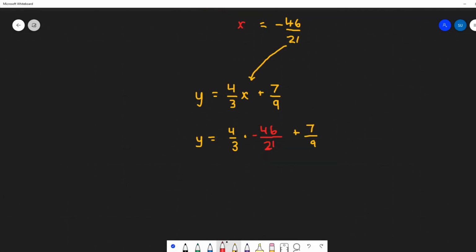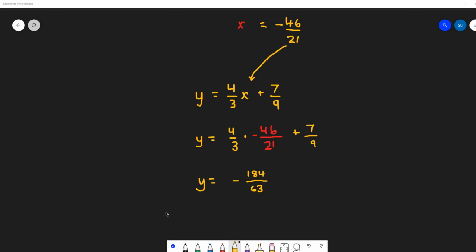But now what we can do is multiply these together. So I think I'm going to need my calculator for this one. Y equals 4 times 46 is going to be negative 184. Or 4 times negative 46, sorry. And 3 times 21 is going to be 63. Let me just make sure.